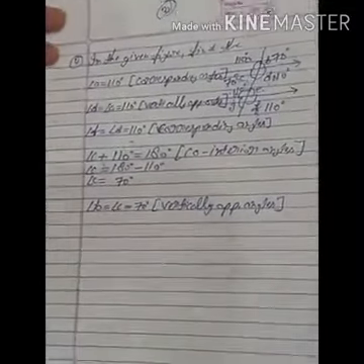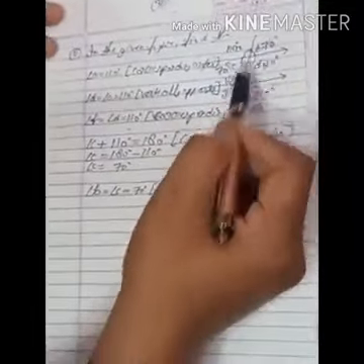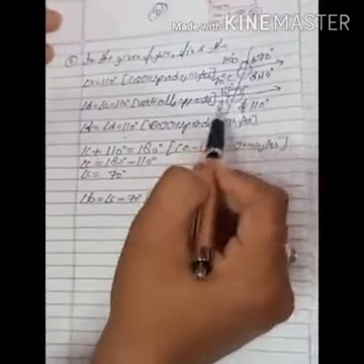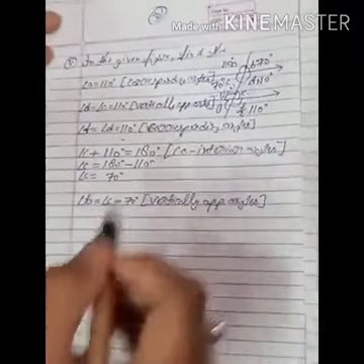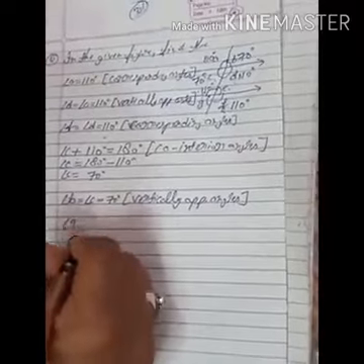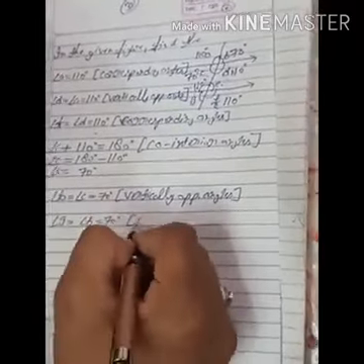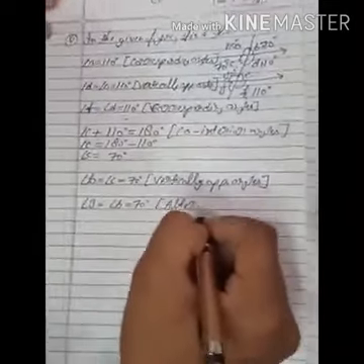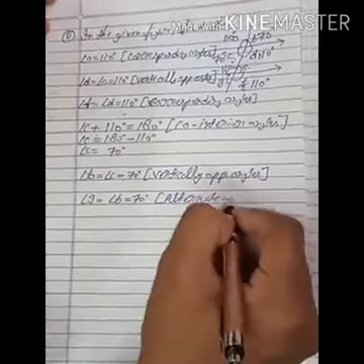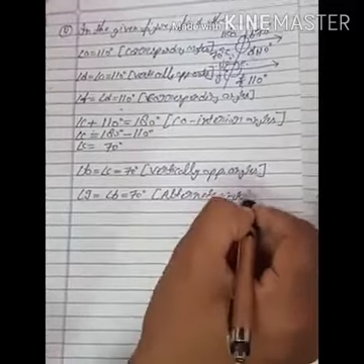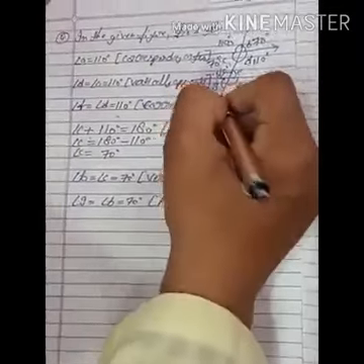Then we can find angle B and G. They are alternate angles. So angle G is equal to angle B is equal to 70 degree. Reason is alternate angles. Here we will write 70 degree.